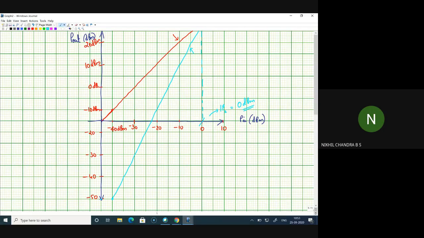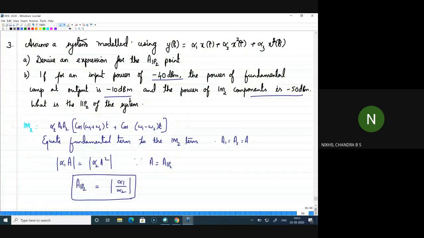Yes, sir. So first we take the ratio of the fundamental component and the IM2 components. So if we express the ratio in terms of IP2, we get it as IP2 by A in. Then we take the logarithm on both sides and we just add and subtract the values. Can you come again? I didn't follow that.